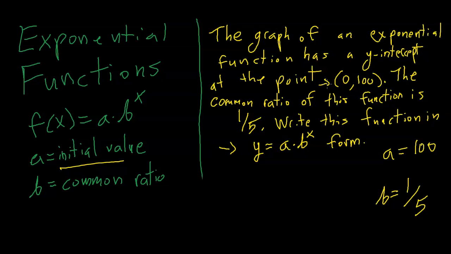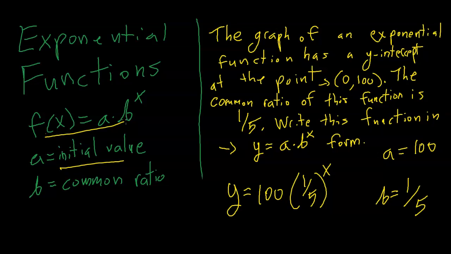So we know a is 100 and b is 1/5, so y equals 100 times 1/5 to the x power. In general, since a is the initial value, a is always the value of the y-intercept. For any exponential function in the form f of x equals a times b to the x power, the y-intercept is going to occur at the point (0, a).